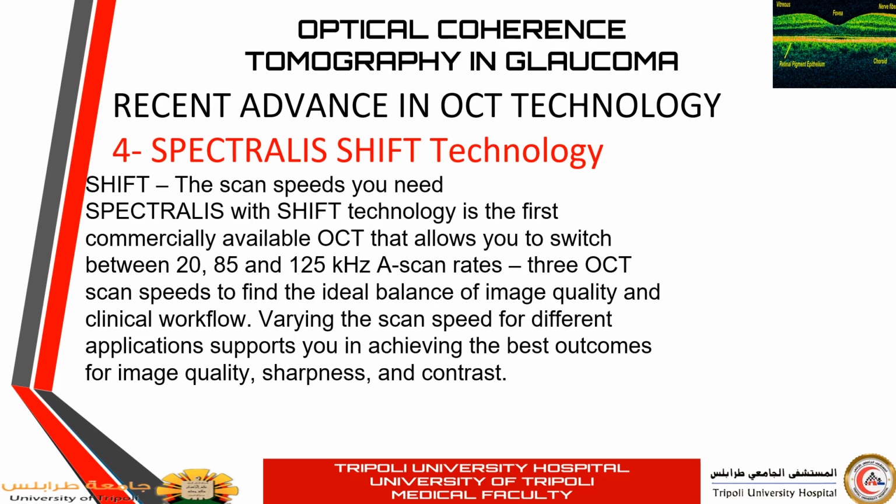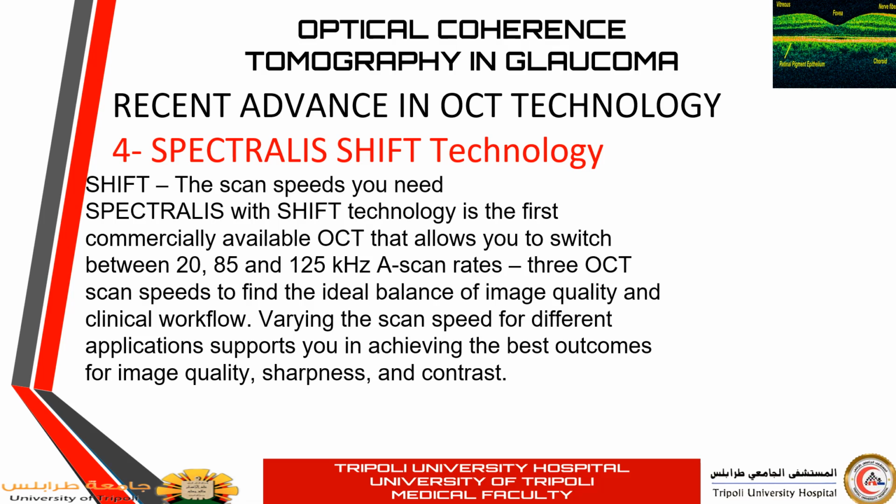Another new thing in the technology of OCT is the spectral shift technology. By spectral shift, the machine itself can adjust the speed at different locations of the retina, so that according to your need, it will give you a high quality image based on the speed of the OCT.